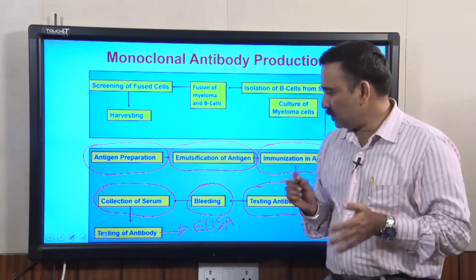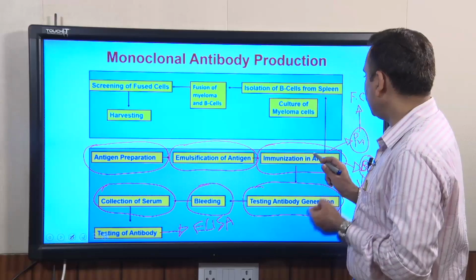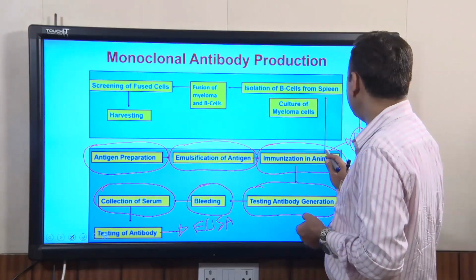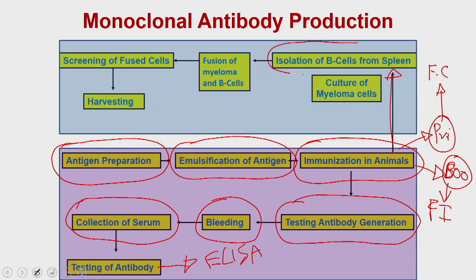Now, once you are sure that the antibodies are being produced using ELISA, you can take these animals and isolate the B cells from the spleen. You can collect the B cells from the spleen, and you can also culture the myeloma cells. Then you put these two types of cells, the B cells as well as the myeloma cells, together for fusion reactions.